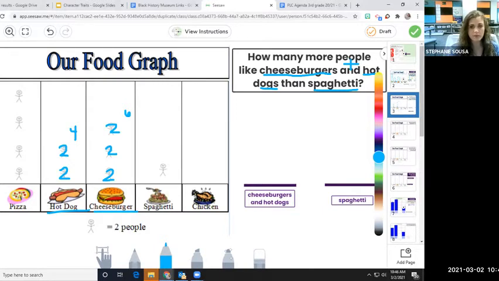Josh, hop on slide 3 with us, please. So we are going to combine 4 plus 6 for our cheeseburger and hot dog people. 4 plus 6 is equal to 10 people.